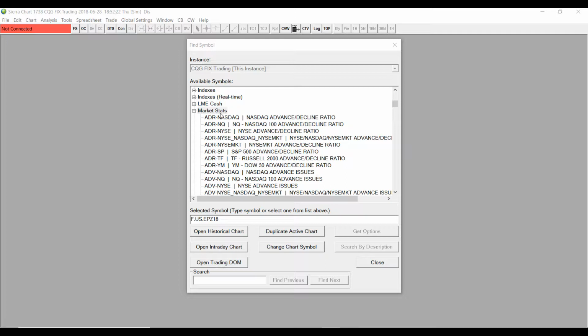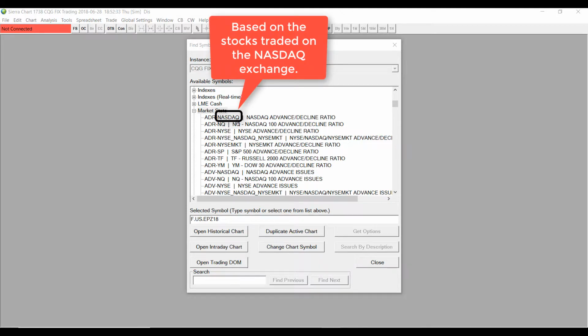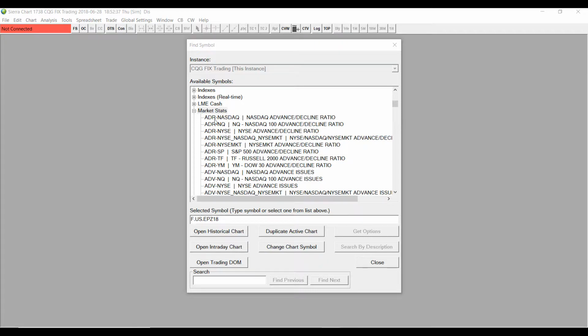That being said, now to the right of the dash, the second prefix, we have the market it is based off. So this one is currently based off the NASDAQ market and the stocks currently being traded within that market. So in total, we have the ADR for the NASDAQ.